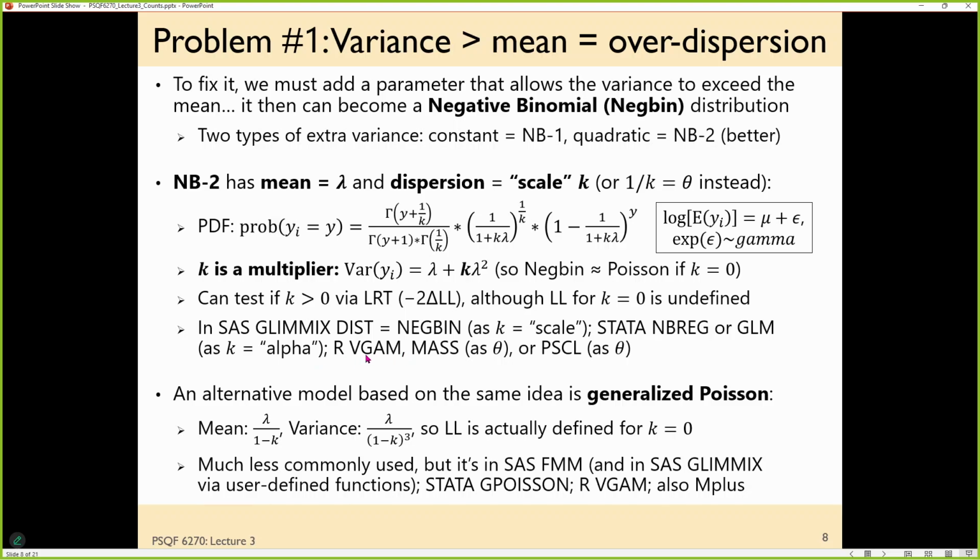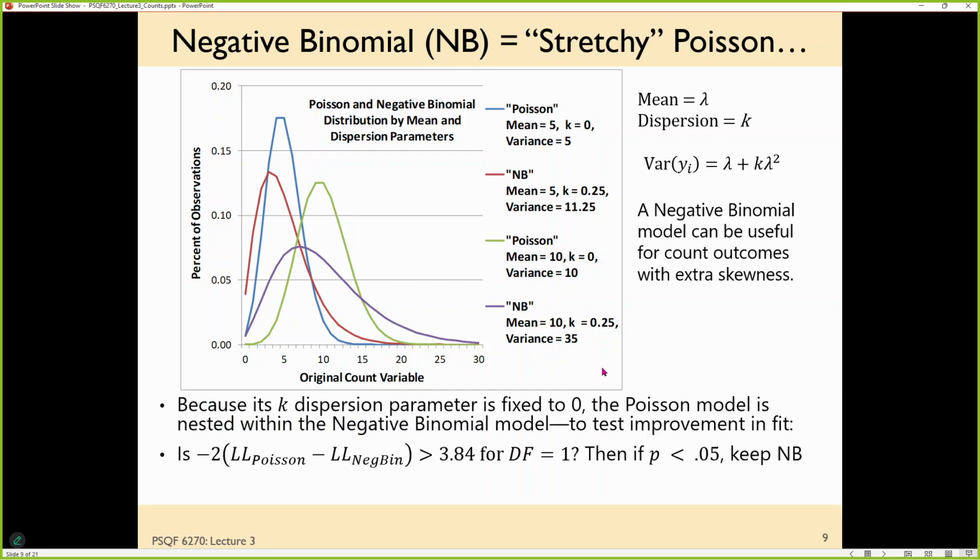And then in R, it's labeled as theta. Sometimes you end up with 1 over it in the output instead, and I think that's because most of the time it's 1 over k. So I'll show you how we can get those things to correspond. But this is where we were.